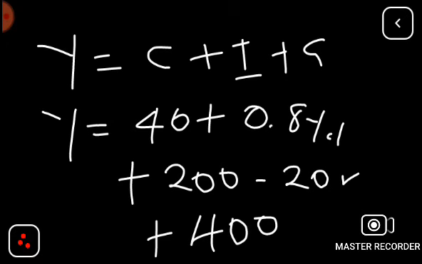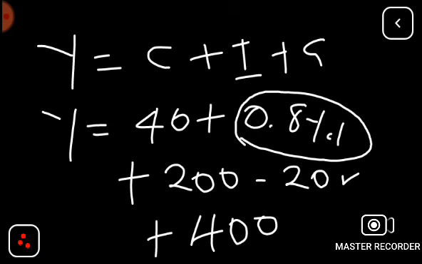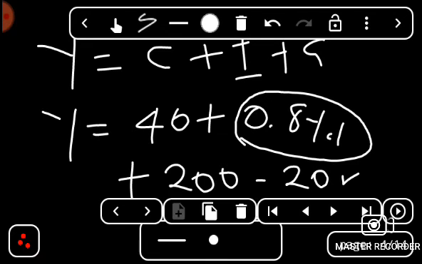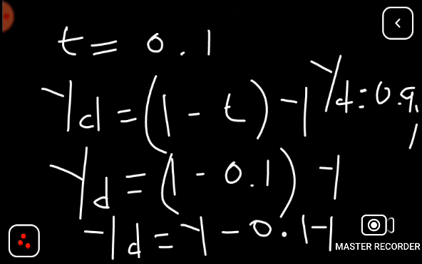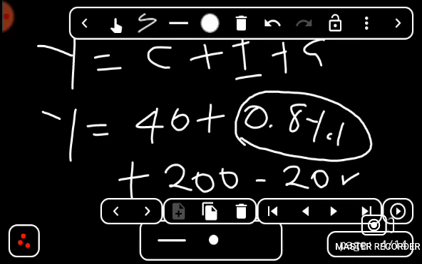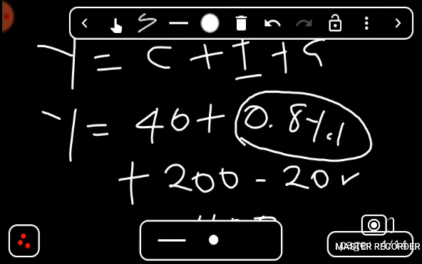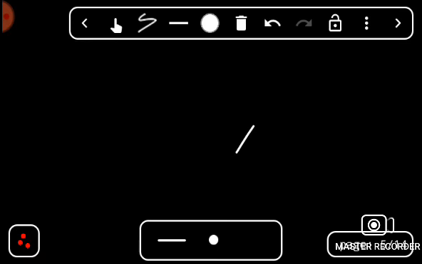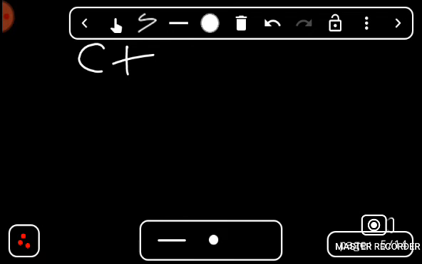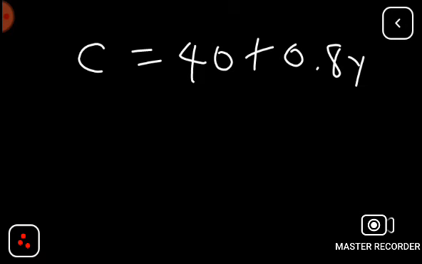Now we have a problem here, but this problem we already dealt with. Remember, on the other page we said this is how we're going to sort it out. Where there's yd in this equation, let's put what we got at first. Let's break down consumption: C is equal to 40 plus 0.8yd.